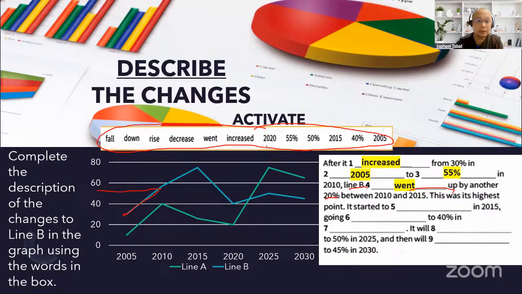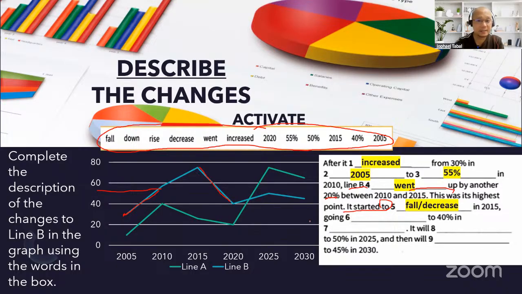How about number 5, Clara? It started, number 5 should be a verb. So you can say it started to fall or decrease in 2015, all right?